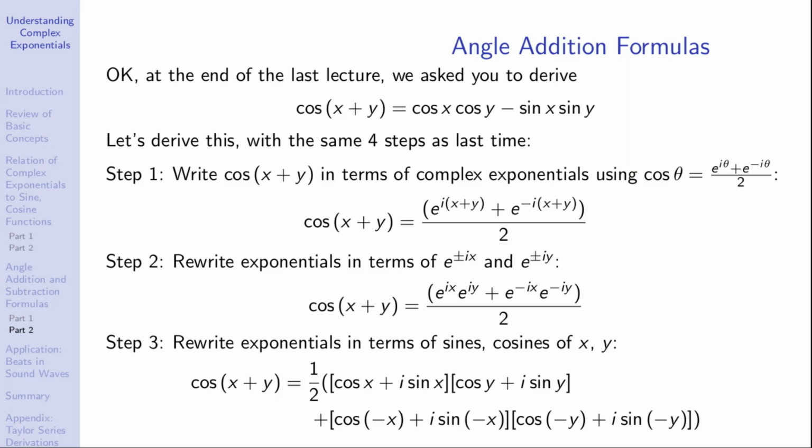The e to the minus ix becomes cosine of minus x plus i sine of minus x. And lastly, e to the minus iy becomes cosine of minus y plus i sine of minus y.